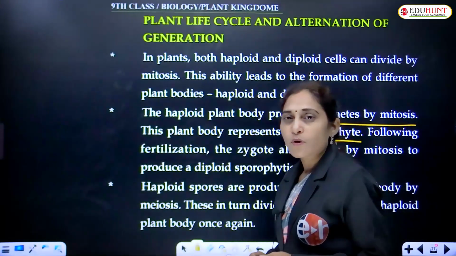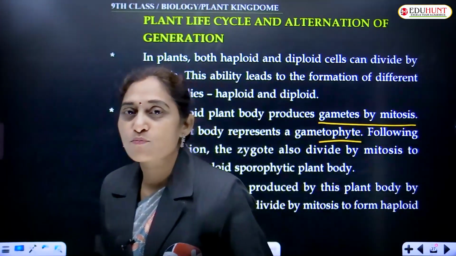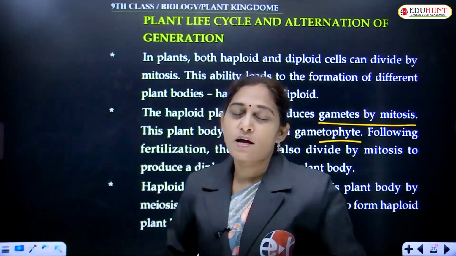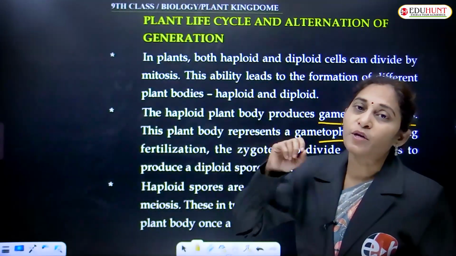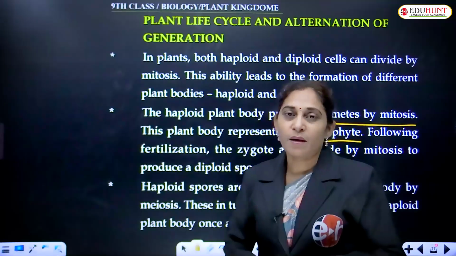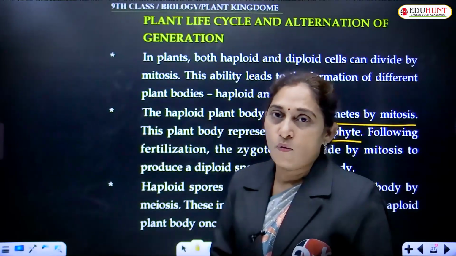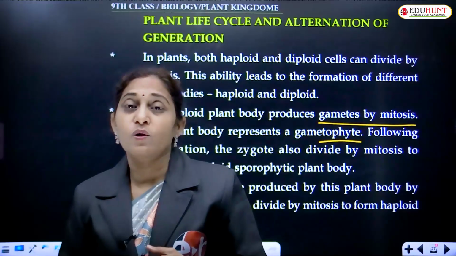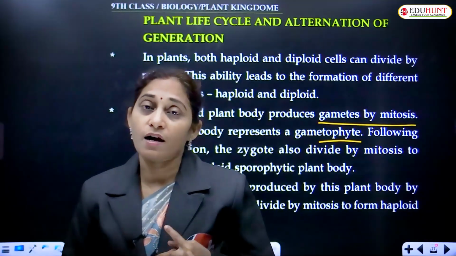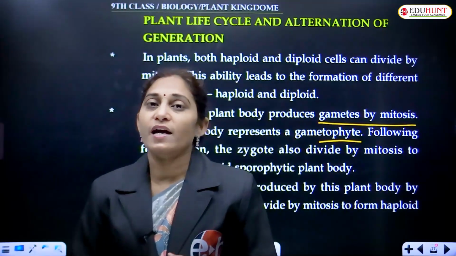Spores are nothing but microspores and megaspores, the products of meiosis. Mother cells undergo meiosis only once in the life cycle, and fusion, fertilization, occurs only once in the life cycle.